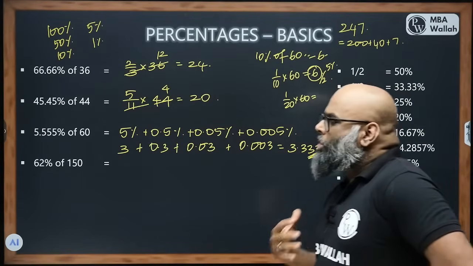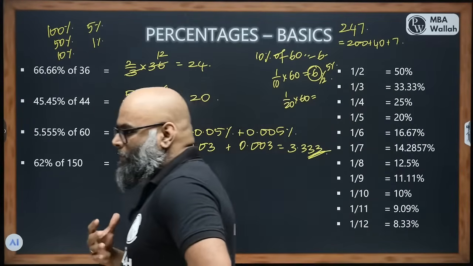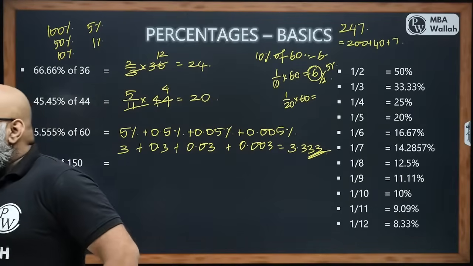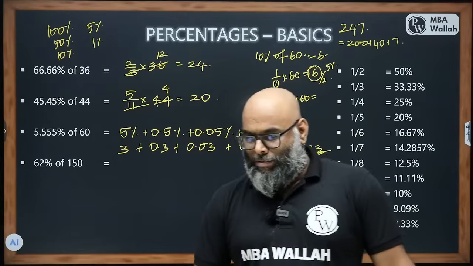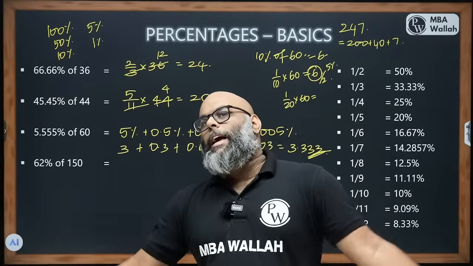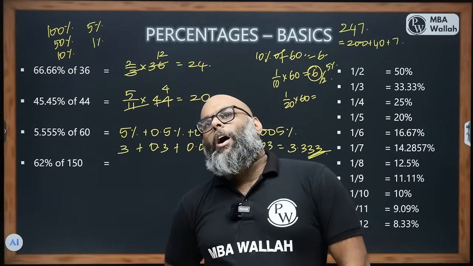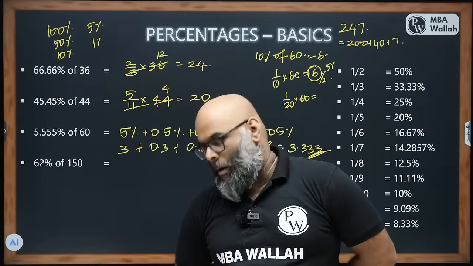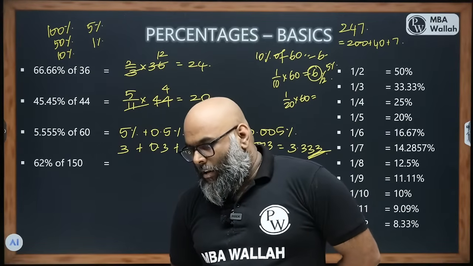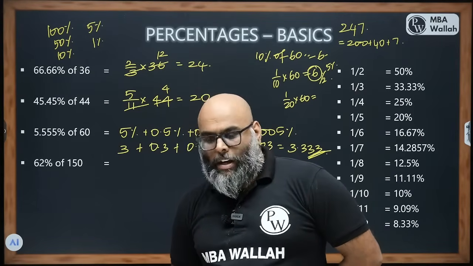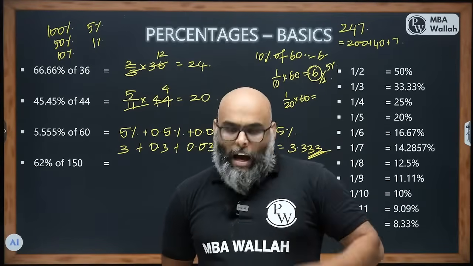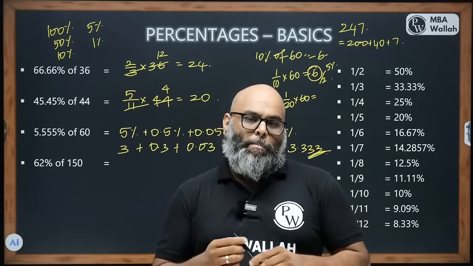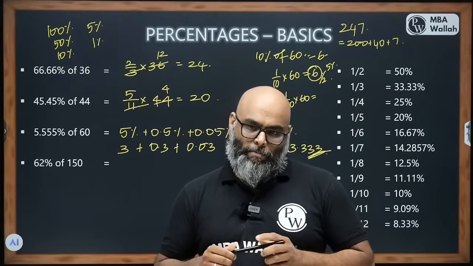Now when you look at 62% of 150, a calculator is allowed. You do have a calculator in the exam, but how do I present this example to you? The calculator present in the exam is the equivalent of having a PT period after a maths period in your timetable.